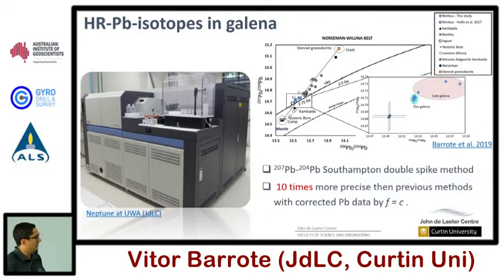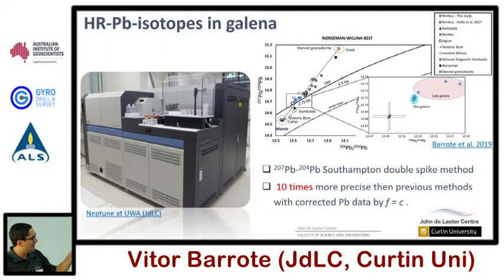So we measured the lead isotopes at UWA using the multi-collector, and the chemical differences that I was able to observe are due to the fact that we use this high resolution technique. So what we do is we spike it with a 207, 204 lead, and then we use a routine that was established in Southampton called the Southampton double spike method.